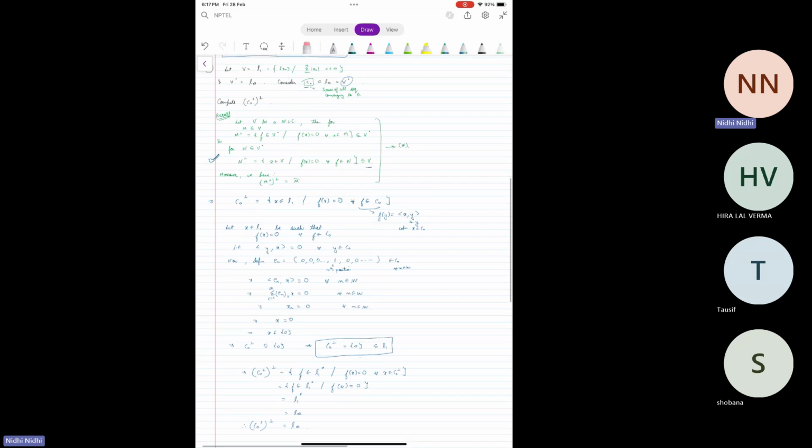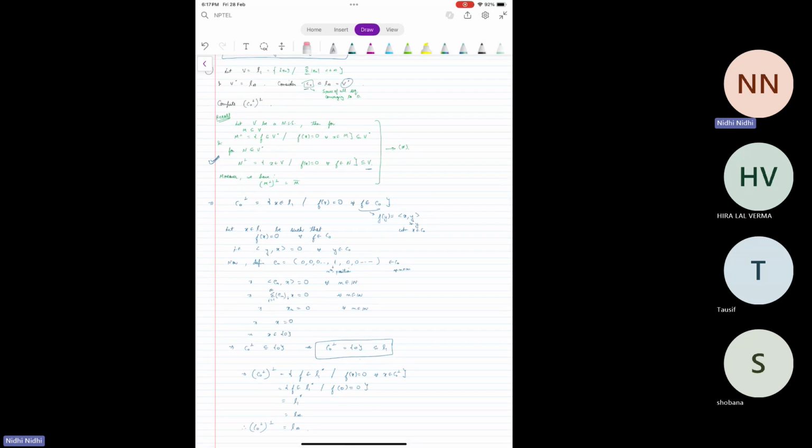Next, I would want you to evaluate double perps in a similar way for c naught naught. Instead of this C naught, I want the space W to be c naught naught, the space of sequences that has all but finitely many terms 0.